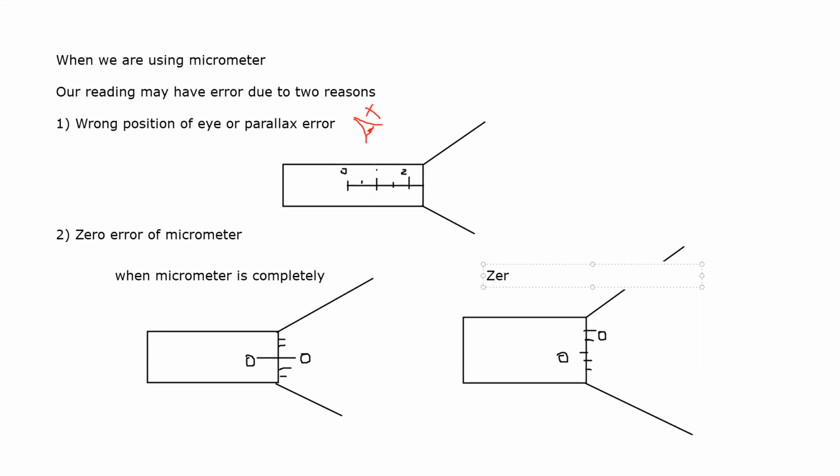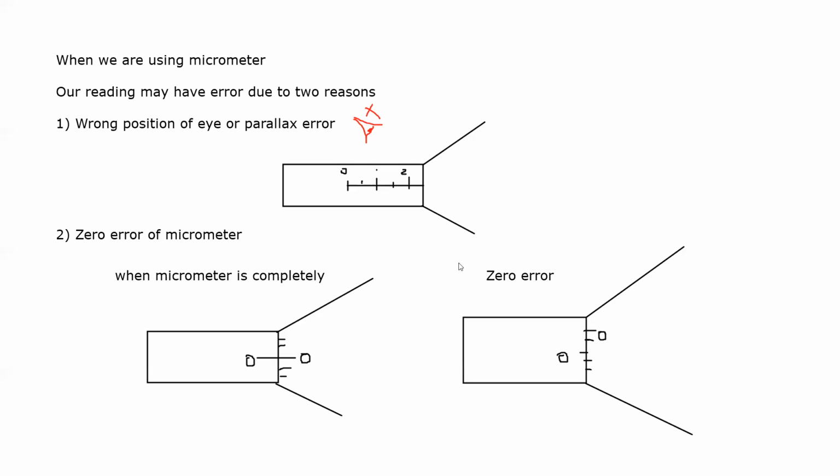It means there is some value on the micrometer when nothing is placed. We just completely close the micrometer, so it should show a zero reading. But in practice, some micrometers have a deformation of the jaws, and that may lead to a zero error. So there could be two reasons why we may not have an accurate reading using a micrometer. One is the parallax error when we are reading the value, or there might be a zero error in our micrometer.